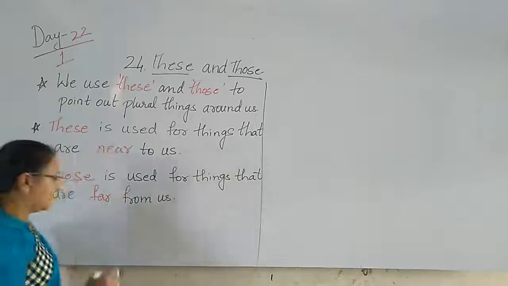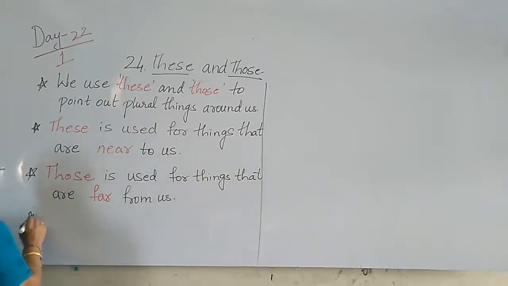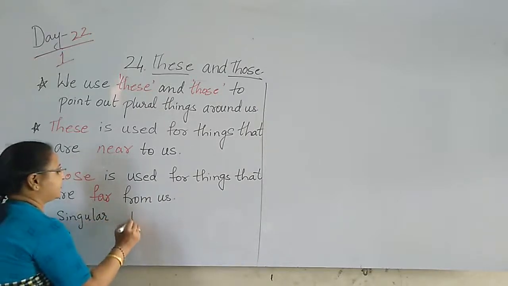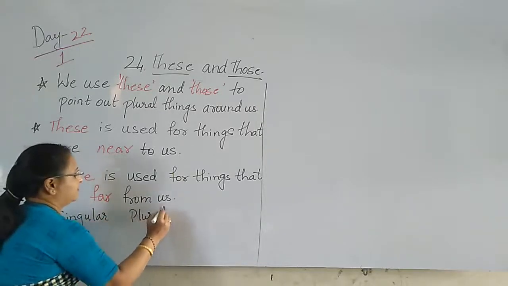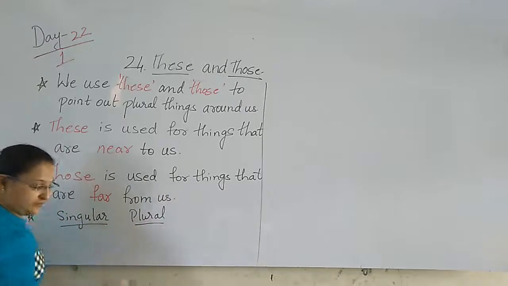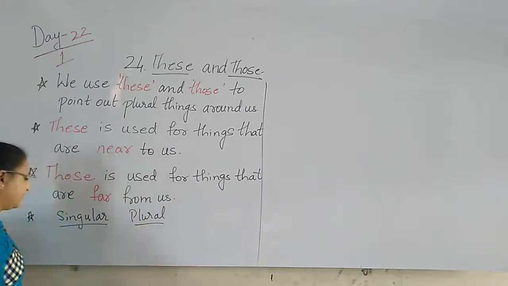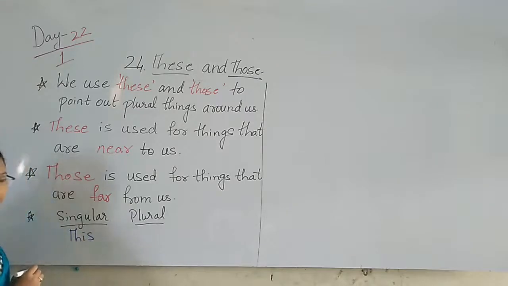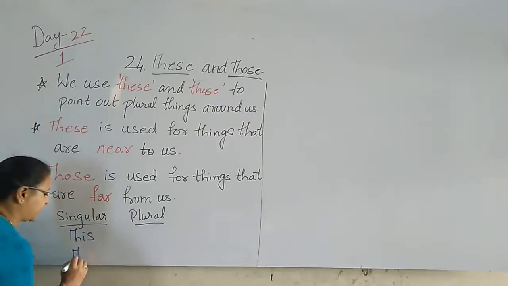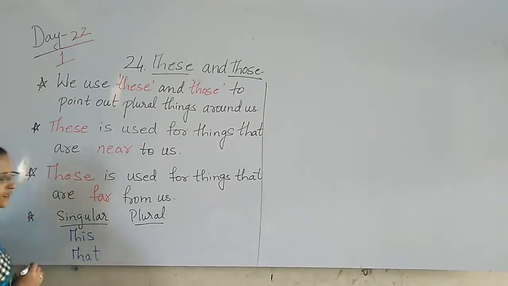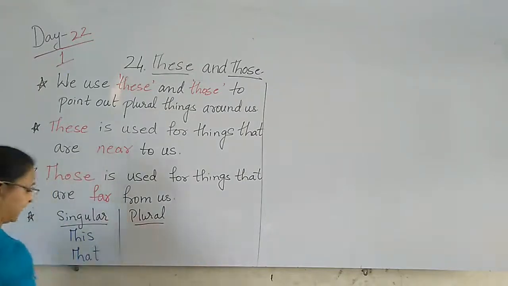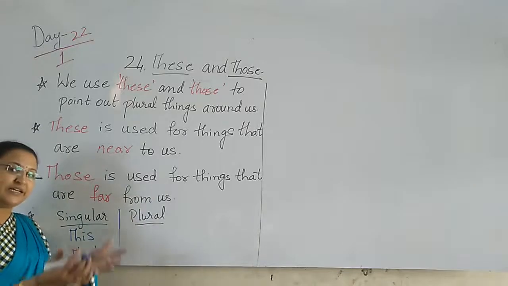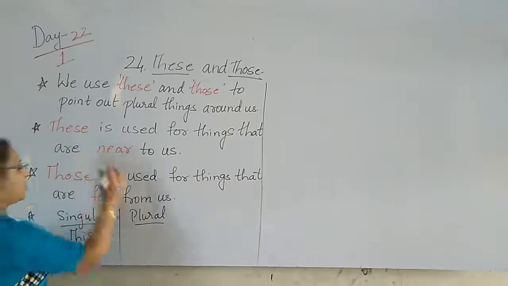So here one more, children, that is singular. When it is in the singular, this is plural. When it is in the singular, children, we say this to the things which are close to us. The thing which is far away from us, we use that. The same thing here, when the thing is more than one, when it is near to us, we use what?